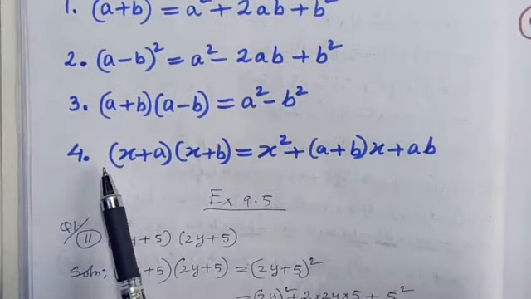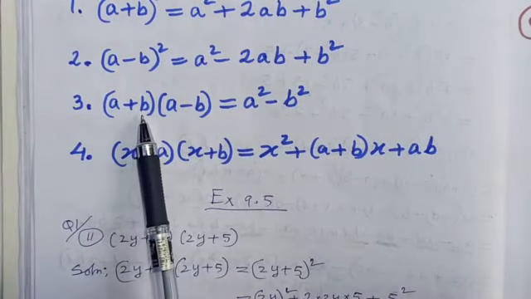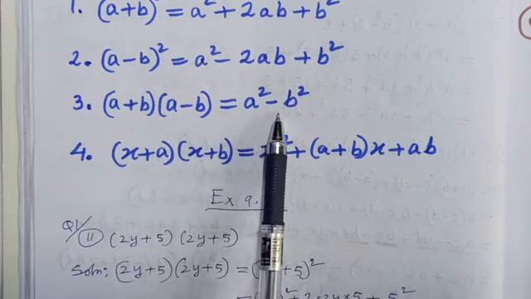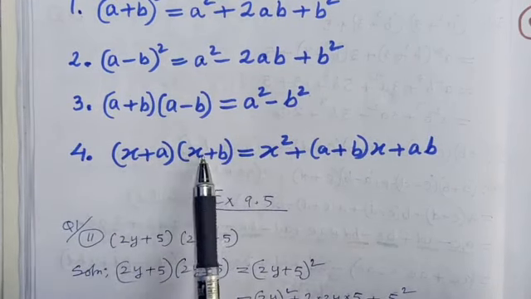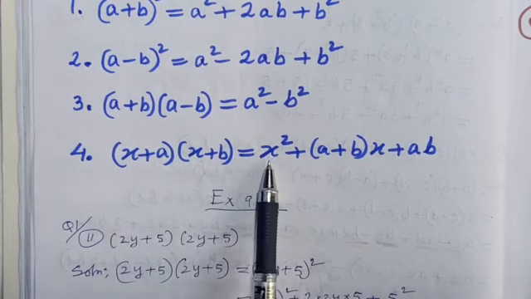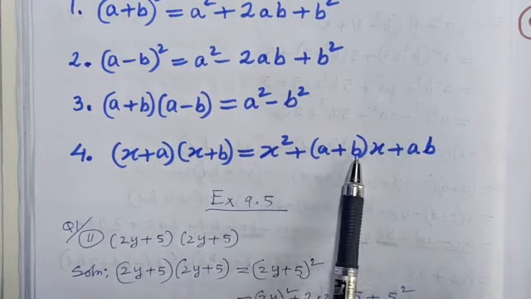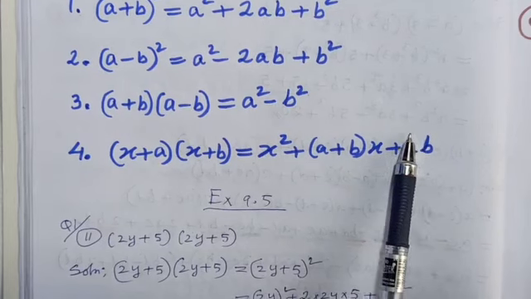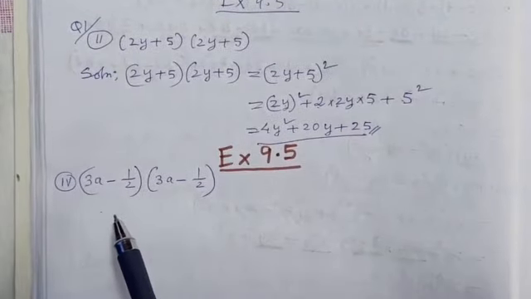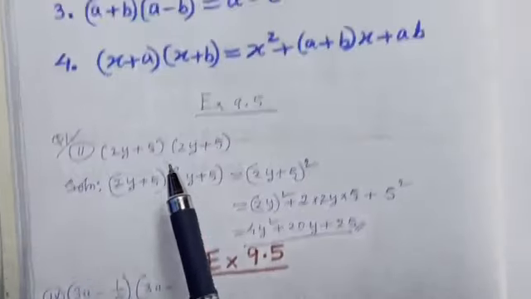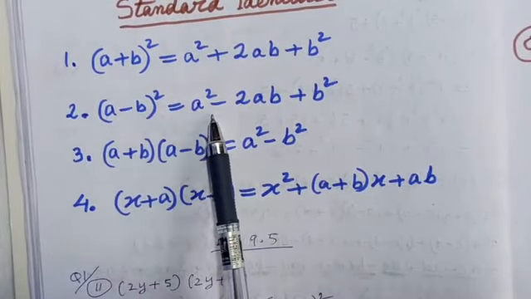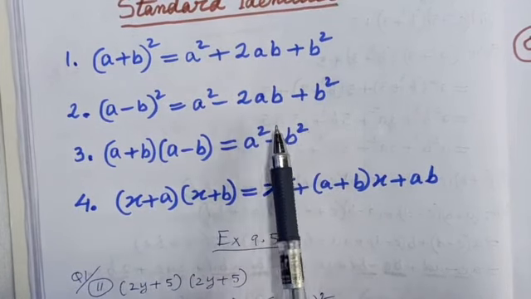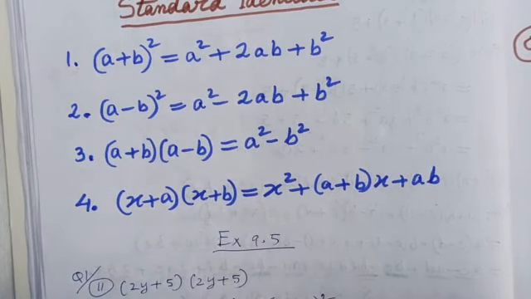Identity 3, (a + b)(a - b) = a² - b². Identity 4, (x + a)(x + b) = x² + (a + b)x + ab. Now, to solve this Roman number 4, we have to use identity 2: (a - b)² = a² - 2ab + b². Okay, now let's try to solve this question.